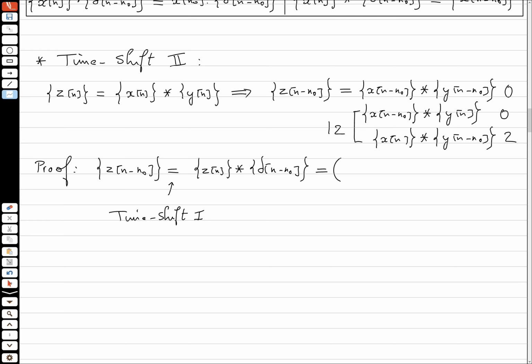Now z of n is equal to this, so I'm replacing that here. And then what property do you feel like using now? No? Yes?